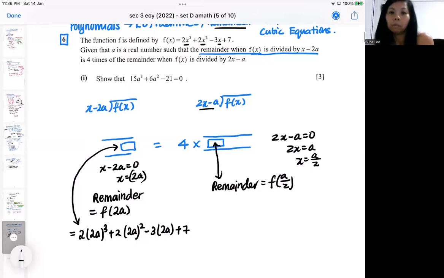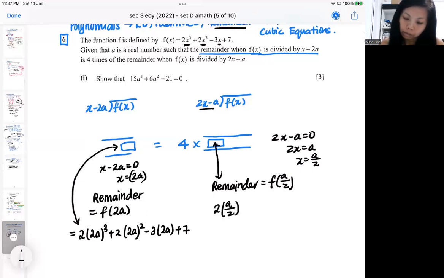So meaning all the x is being replaced by a over 2. So it's very easy to make careless mistakes. There are fractions involved for that.